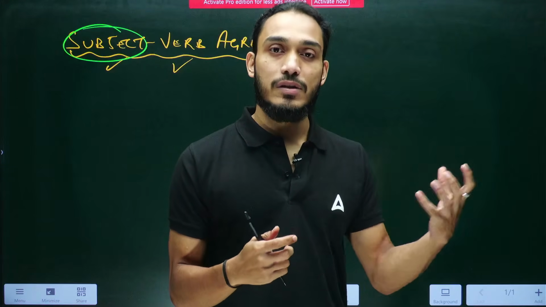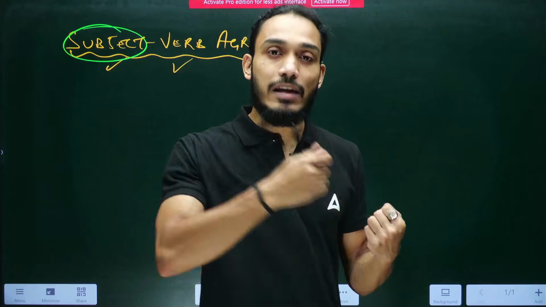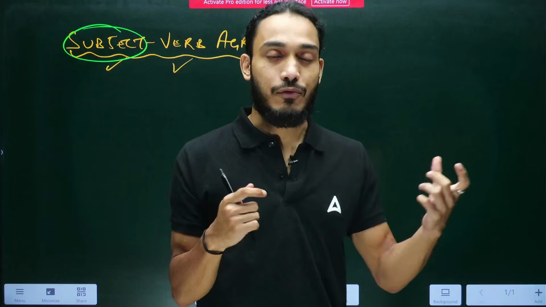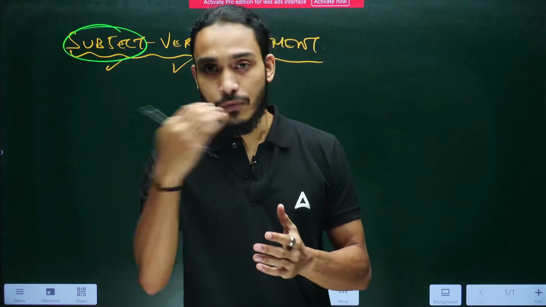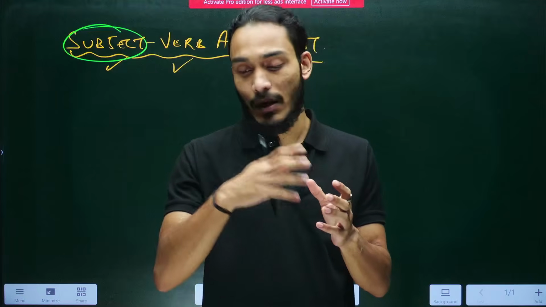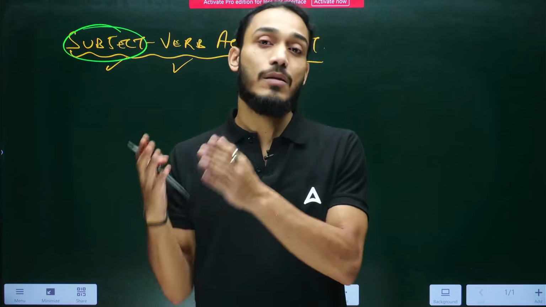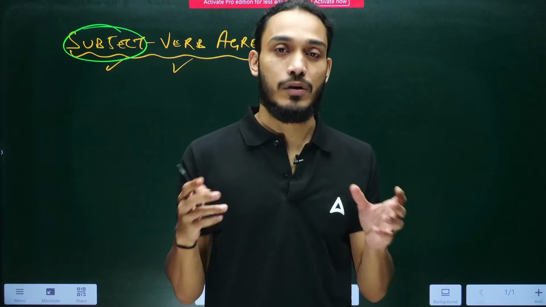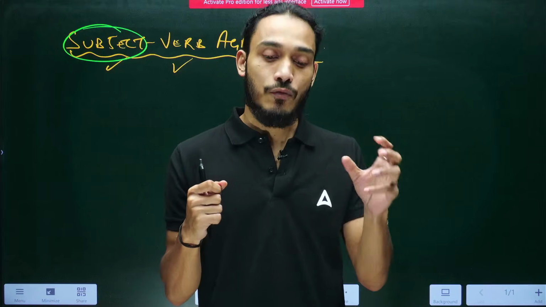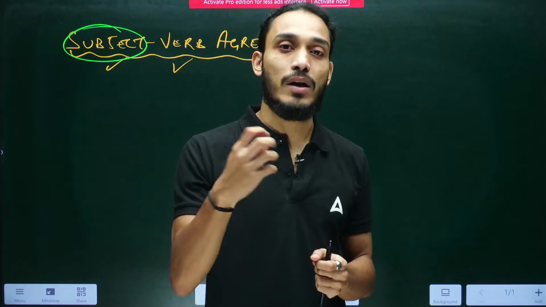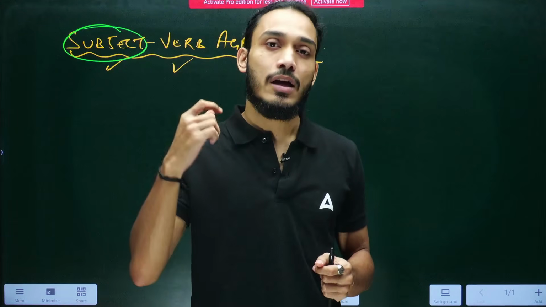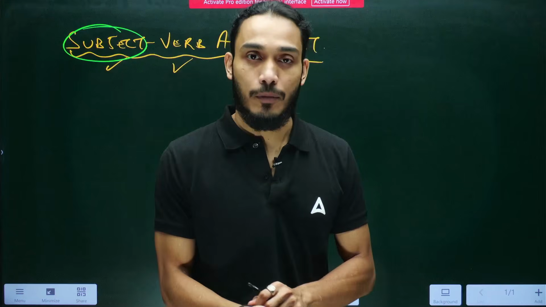The verb that follows the subject, what will it be? It is dictated by the subject before it or the subject after it in some cases. Sometimes the verb is written first and then the subject, or for the most part, the subject is written first and then the verb. But basically the verb has to follow the subject, and the subject is the one that anchors the verb and ensures that the verb is being written in the correct form.